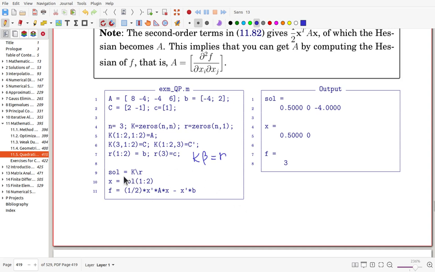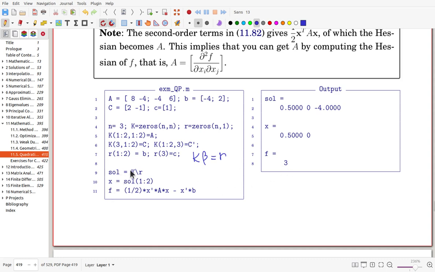Now just simply invert K, then we can get the solution. The first two components must be x, and the final one will be the Lagrange multiplier lambda. Along with the first two components, we evaluate the objective function, half x transpose Ax minus x transpose b, and that will be the optimal value, which is 3.